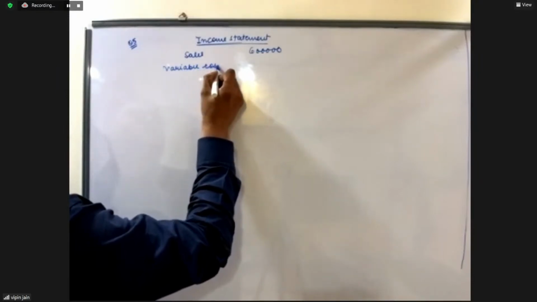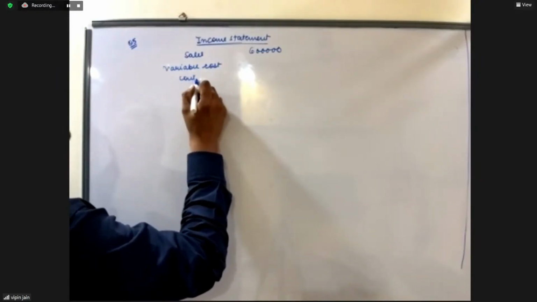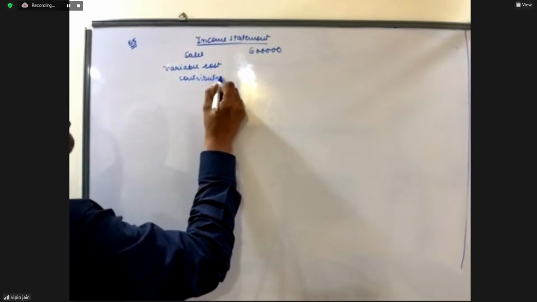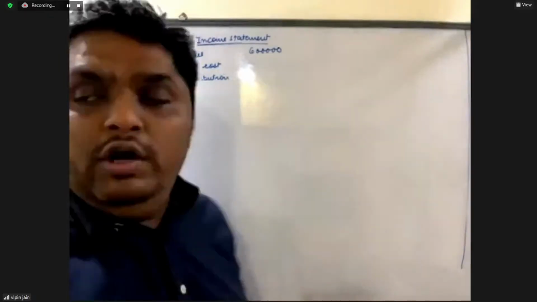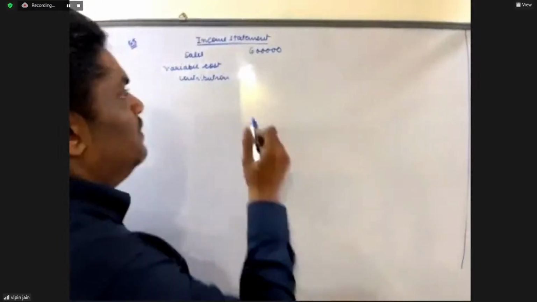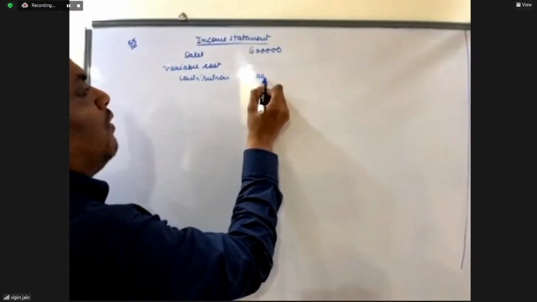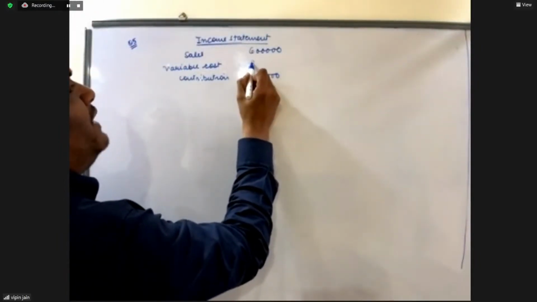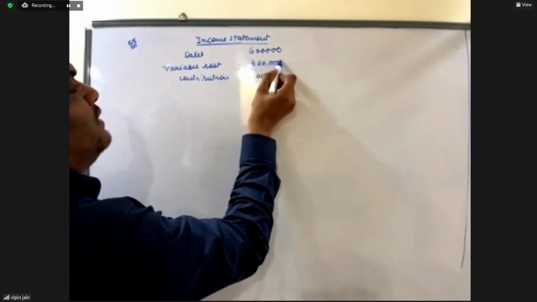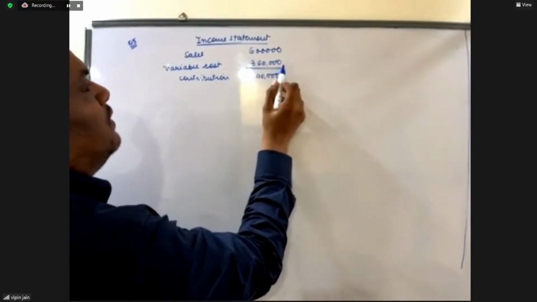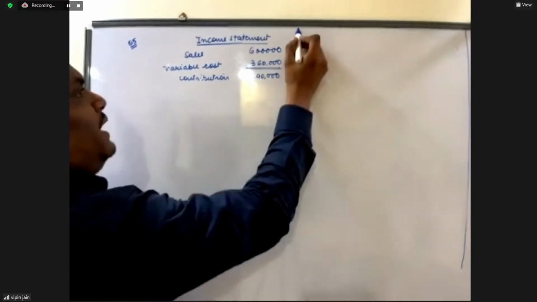Variable cost and contribution: my contribution is 2,40,000, so my variable cost will be 3,60,000. So this is the current contribution I'm getting.